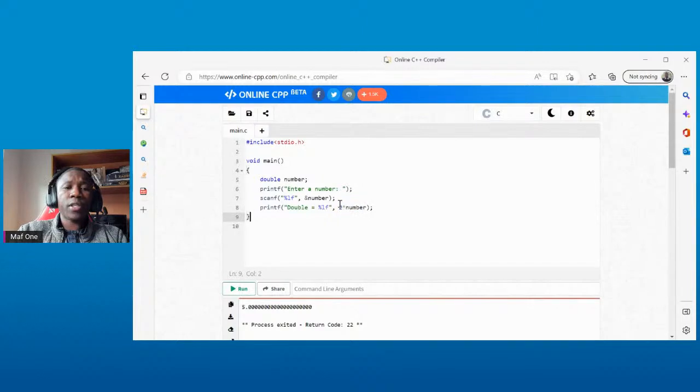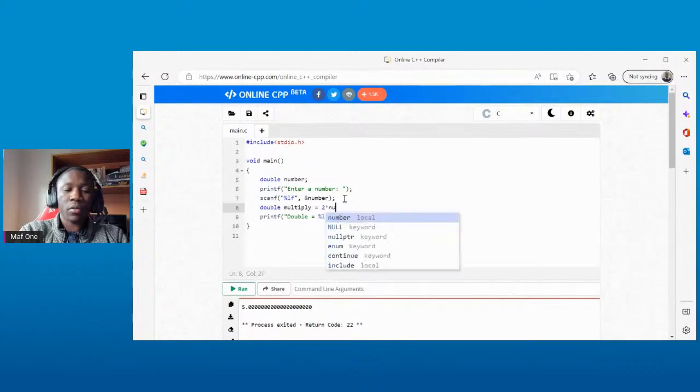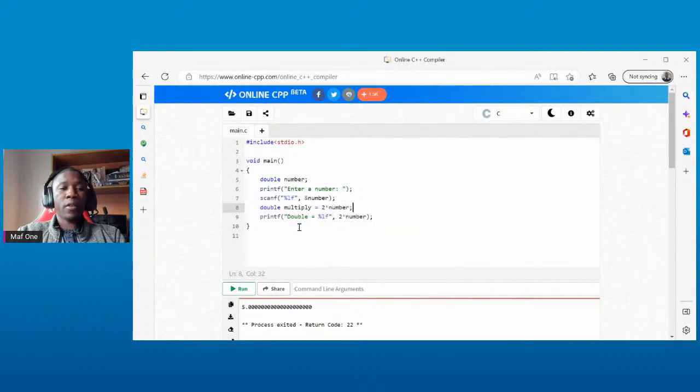You could also, instead of printing here the multiplication, declare before a variable, some kind of double, and multiply, something like that, and you can do that. You can do 2 times number, and that's fine.